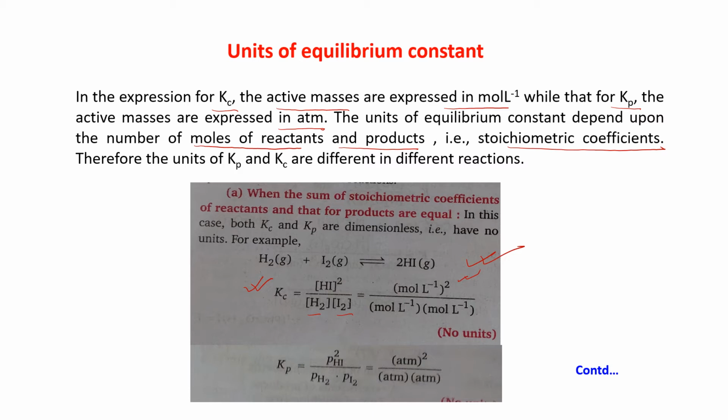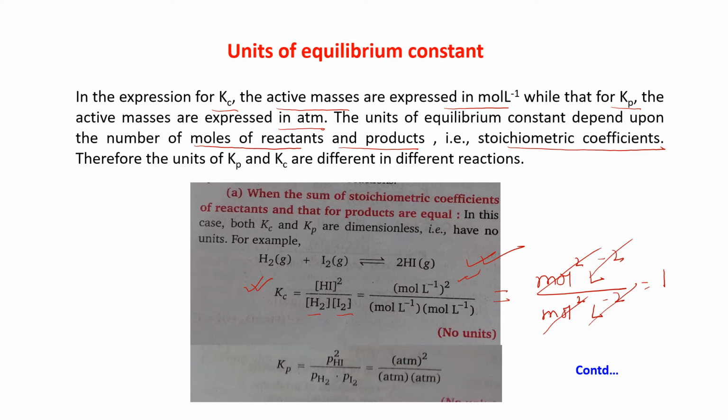Okay, so if I do this, I am getting mole square liter minus 2 divided by, multiplying this, also mole square and liter minus 2. So I am getting 1. That means no unit. It will get cancelled.